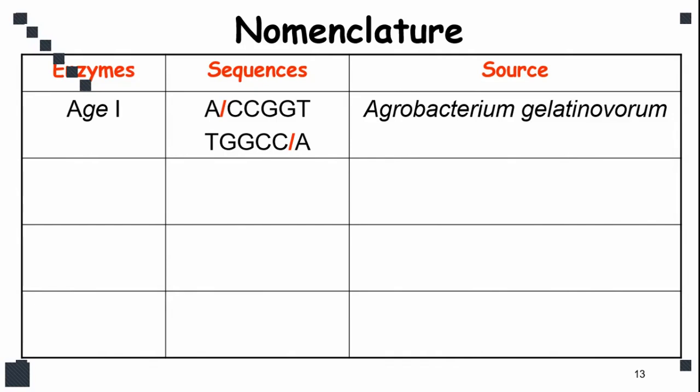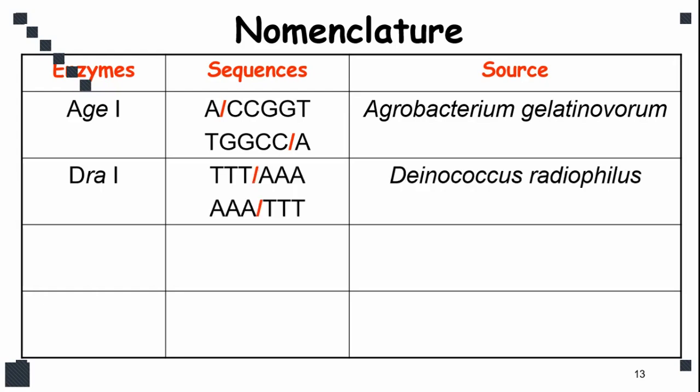Now, this is how the nomenclature works. If you look at the name of the enzyme, Age1, you will see that the A is brought from the genus name Agrobacterium, and the GE is brought from gelatinovorum, which is the species name. And then 1 is the strain. Number 2, we have DRA1.